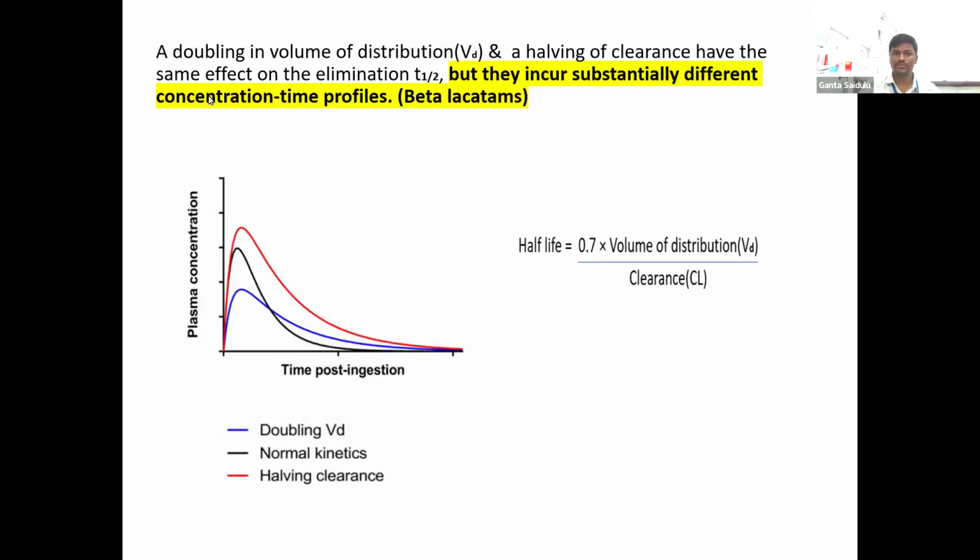If you see the half-life formula, 0.7 times the volume of distribution over the clearance. If I double the volume of distribution and make the clearance half, there is no change in the half-life, because if you multiply by 2 and by 1/2, the half-life is the same.